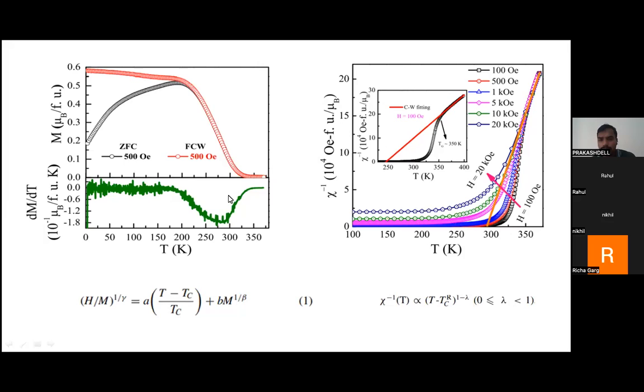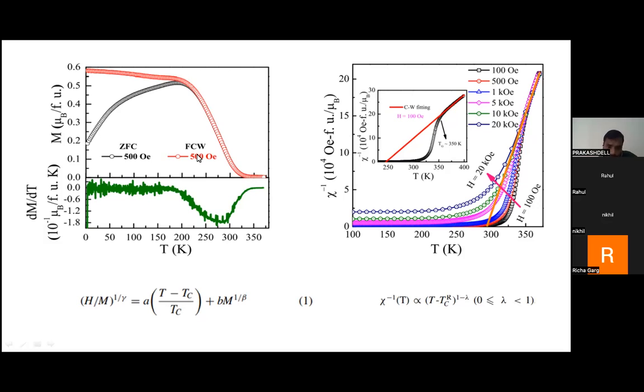Since the transition is broad, the authors have taken the first derivative, and you can clearly see the transition somewhere around 260K or 274K, that is TC. But this zero field cooled and field cooled data was measured at 500 oersted.